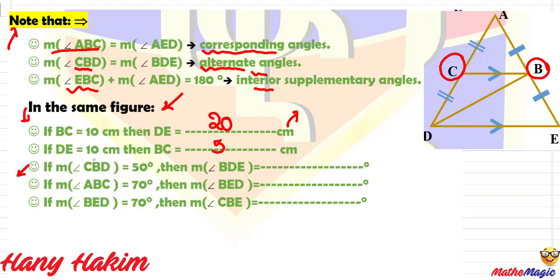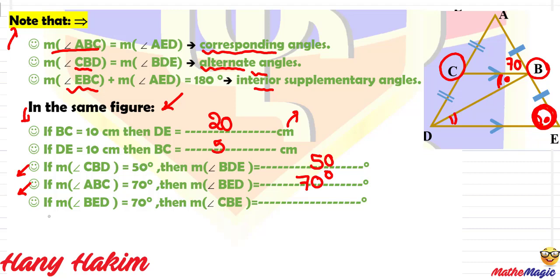Third one, if the measure of the angle CBD is 50 degrees, I can find the measure of the angle BDE, which is also 50 degrees, because they are two alternate angles. Next one, if the measure of the angle ABC equals 70 degrees, find the measure of the angle BED. BED is located here, and BED and ABC form the letter F, so the measure of the angle BED equals 70 degrees.